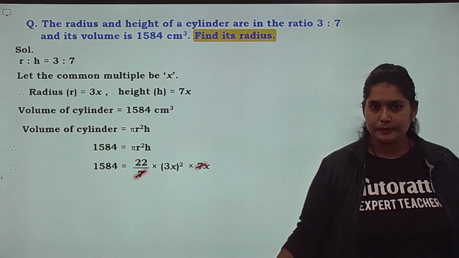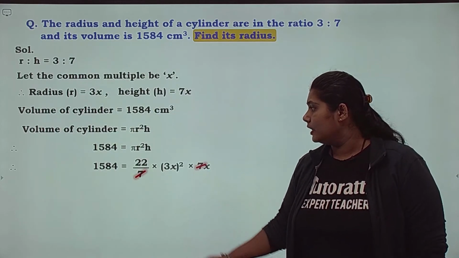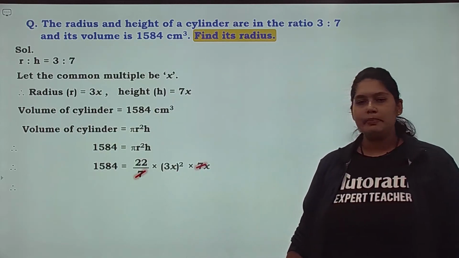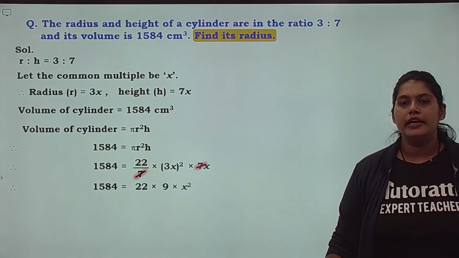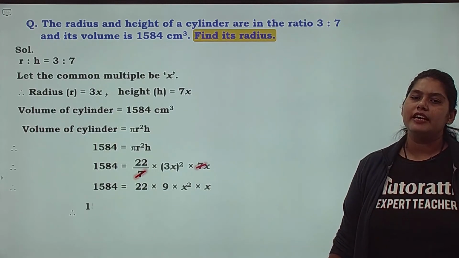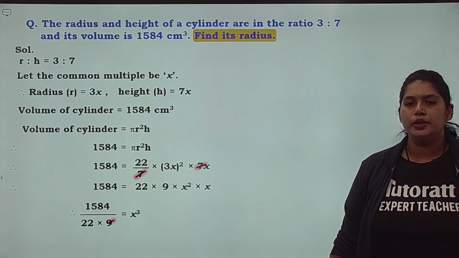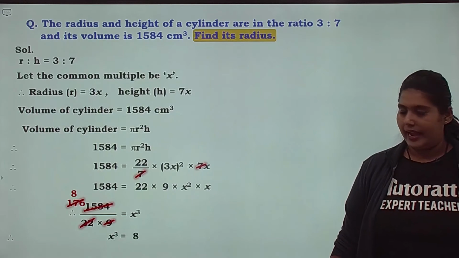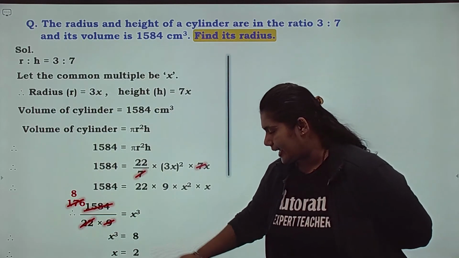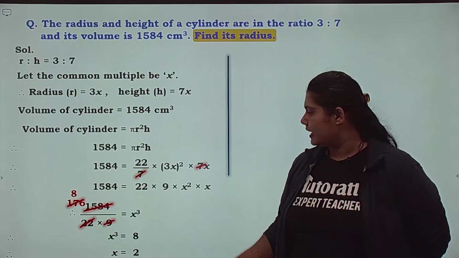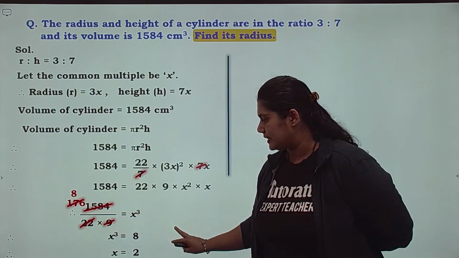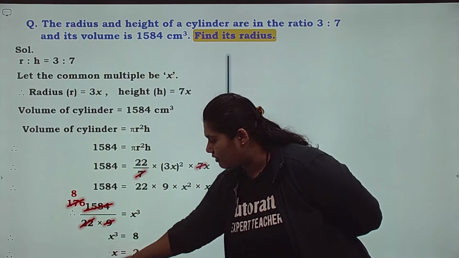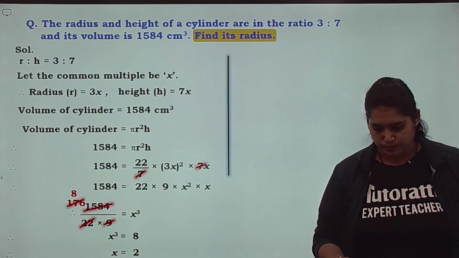Can you see this? And I'm going to simplify this mathematical statement. So my final answer here would be 1584 is going to be equal to some value, and I'm going to get the answer of x after simplification, isn't it? I am simplifying this and taking the cube root on this side. I'm going to get the value of x as 2.